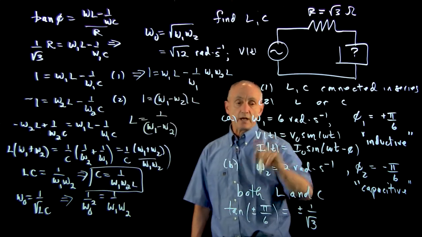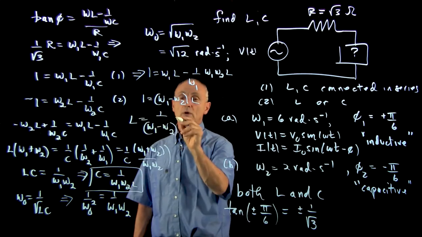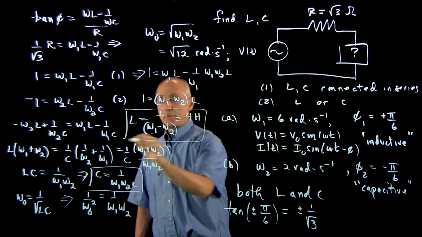Omega 1 is 6 radians per second. Omega 2 is 2 radians per second. So what I get is 4 henries for L.